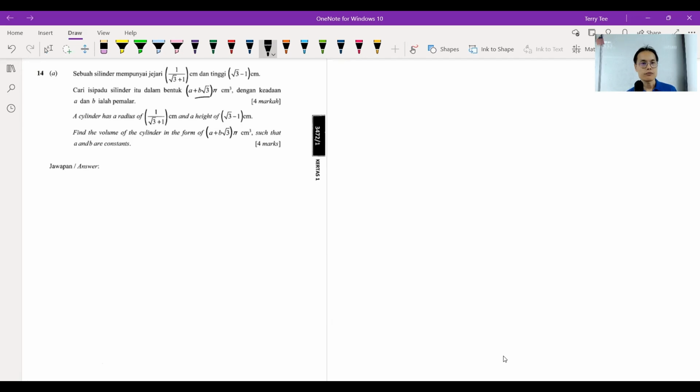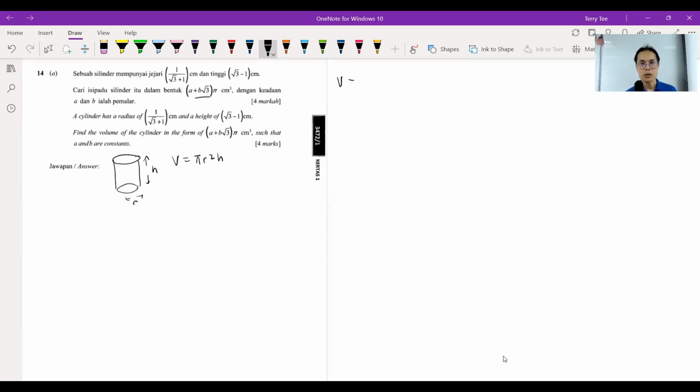Okay, so we know volume of cylinder or isi padu silinder diberi oleh, this is your radius R, this is your height H, volume is pi R square H, or we can say pi J square T, J for jejari, T for tinggi.